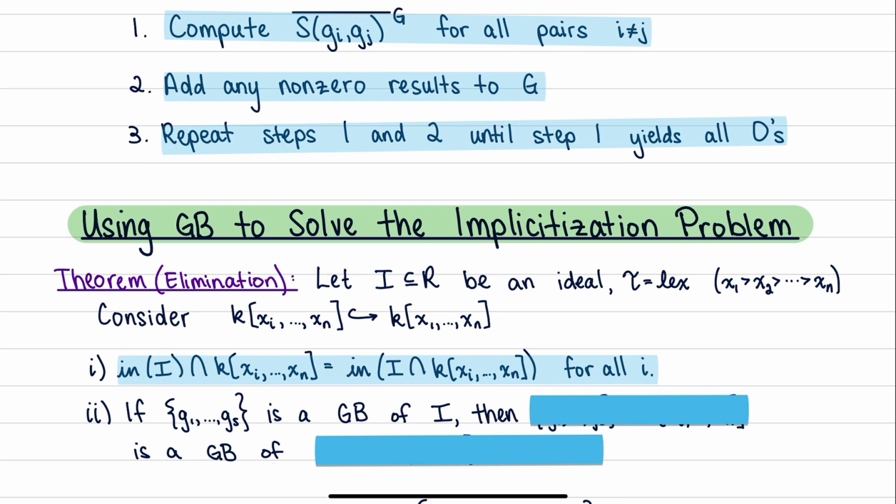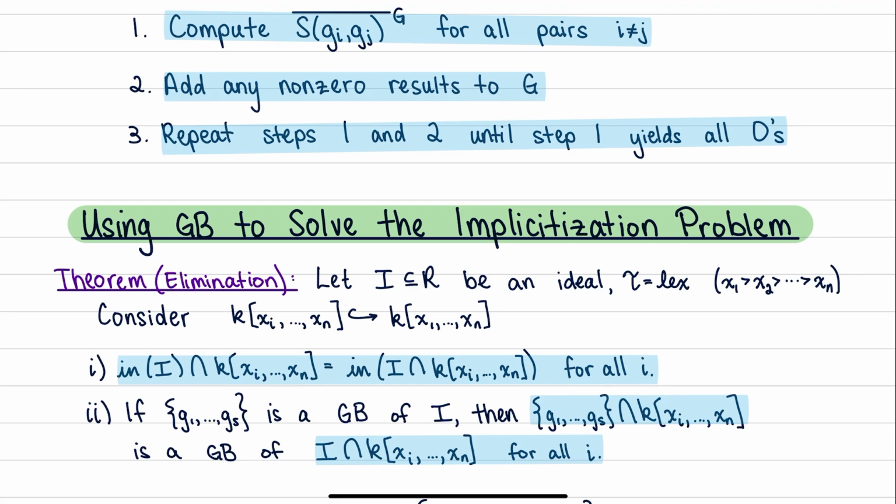A consequence of this is that if I have a Gröbner basis for an ideal I upstairs, and I take that Gröbner basis and send it back through downstairs, that is still a Gröbner basis for I downstairs.